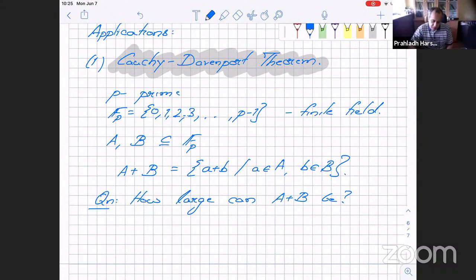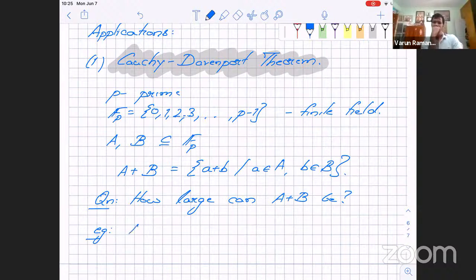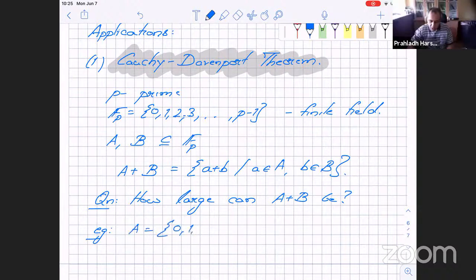So one example of the setting is, think of P as a large number. In A, I'll put things like 0, 1, 2, 3 up to some a. And in B, I will put 0, 1, 2, 3 up to b. So what will be A plus B? Let's assume a and b are much, much smaller than the prime, therefore if you add anything, there's no overlap.